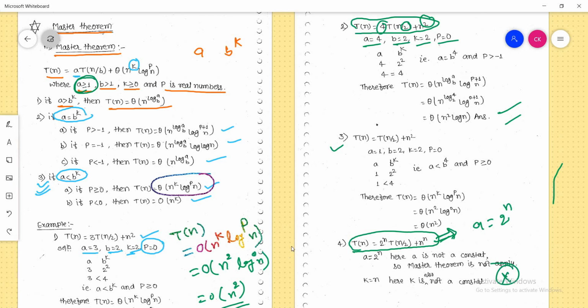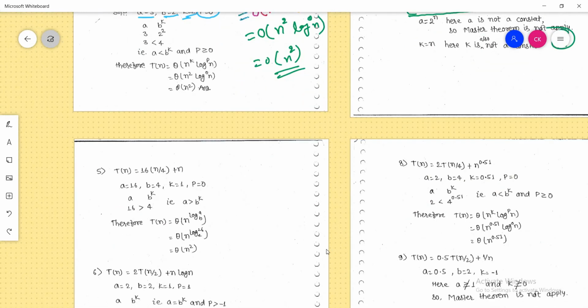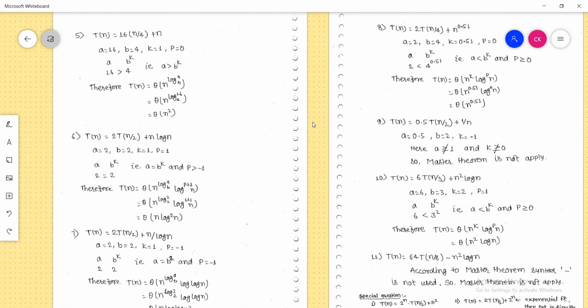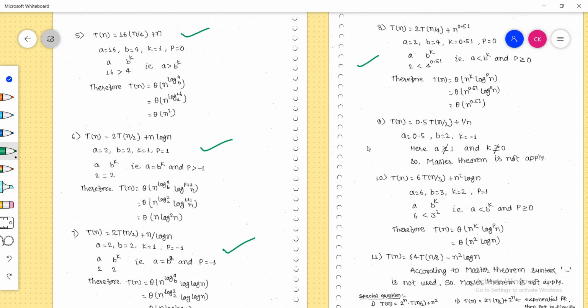Similarly, you can solve this one, this one, and this one. Please do solve all of these. And moreover, take this one.